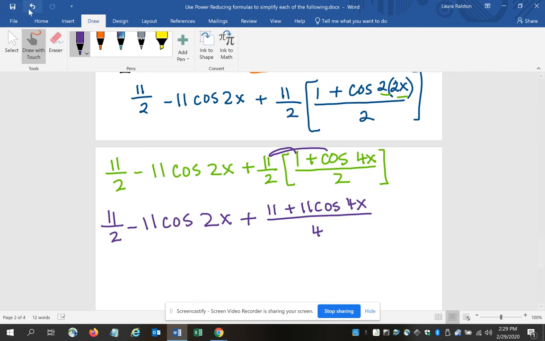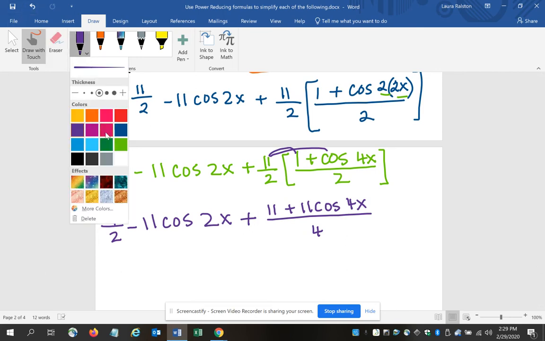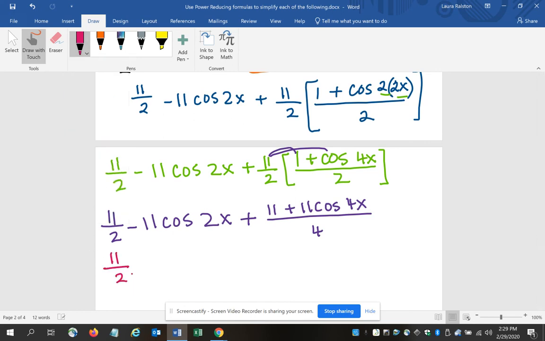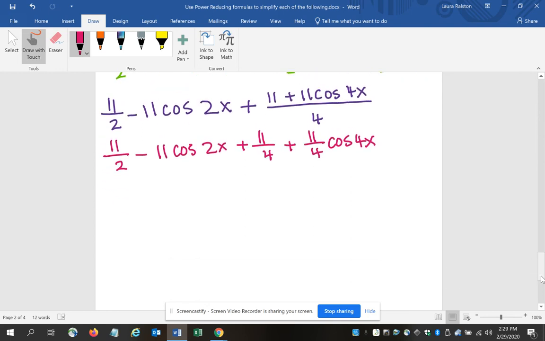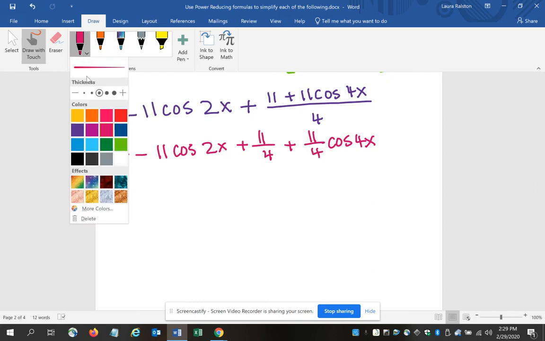So if I break that apart, I would have 11 halves minus 11 cosine 2x plus 11 fourths plus 11 fourths times the cosine of 4x. And I am almost home free because, again, at this point, notice I don't have any exponents on the trig functions, but I do have some like terms.